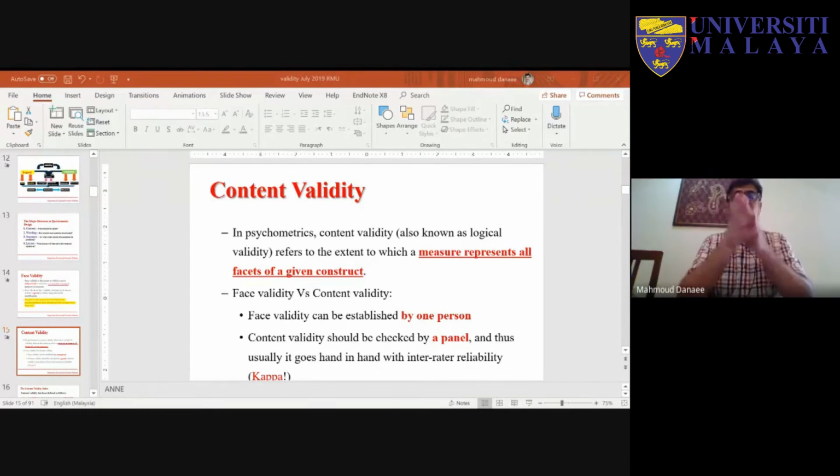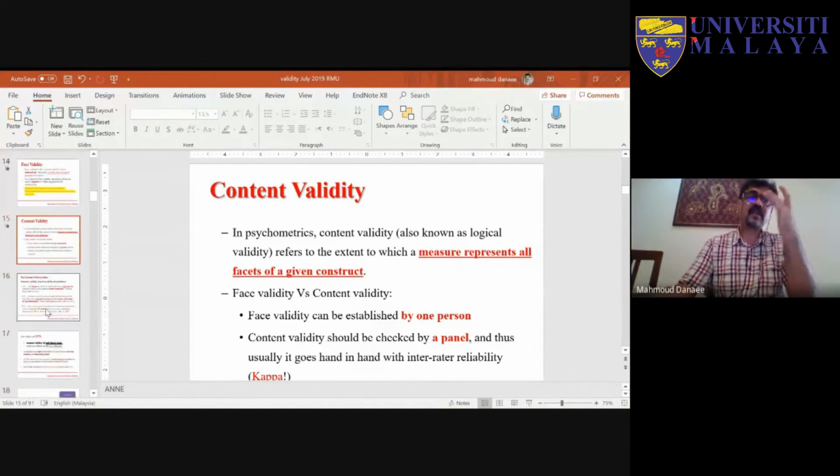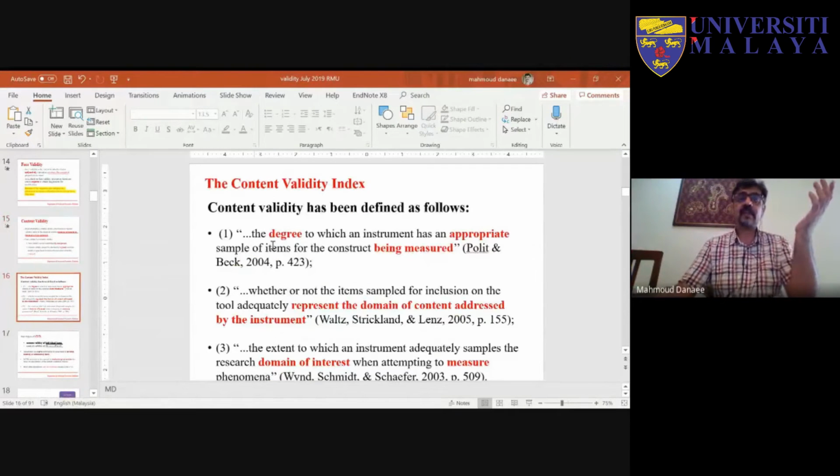But basically, we have three types of questionnaire: developed, adapted, and adopted. The first two types of questionnaire need to be subjected to face and content validity. For measuring the face and content validity, there are several indices that can be measured.